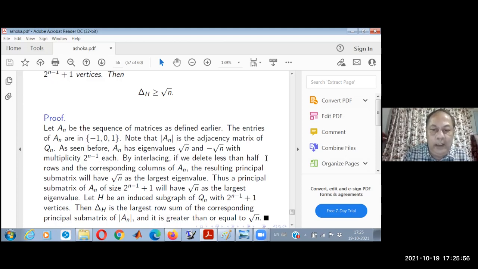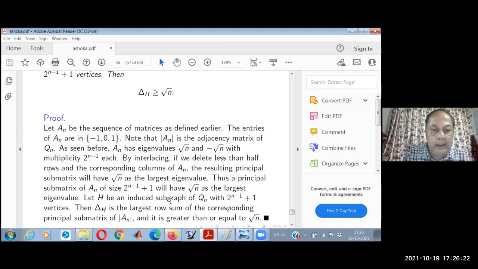So if we delete less than half the rows and corresponding columns, the resulting principal submatrix will still have √n as the largest eigenvalue. In the proof, this is equality for the signed adjacency matrix, but for the unsigned it may change. So a principal submatrix of size 2^(n-1)+1 will still have √n as the largest eigenvalue by interlacing.